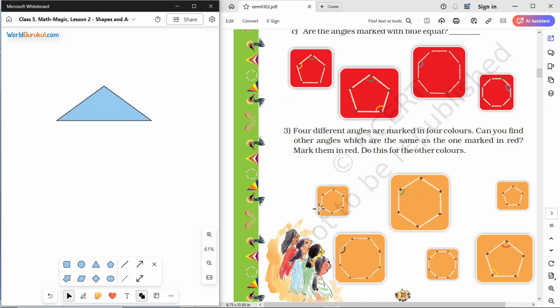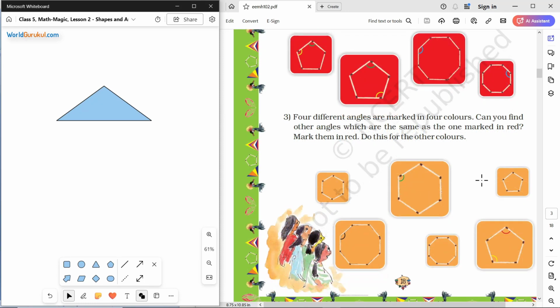So identify the shapes. This one has six sides, so these two are hexagons. And the pictures at the bottom are regular and made with equal sides. When two similar things are there, we can compare them, right? We cannot compare a hexagon with an octagon, or a hexagon with a pentagon.